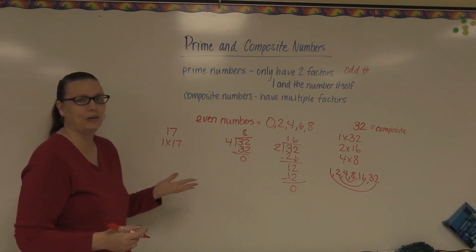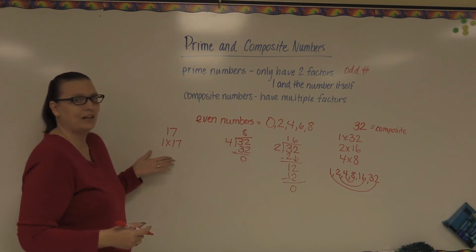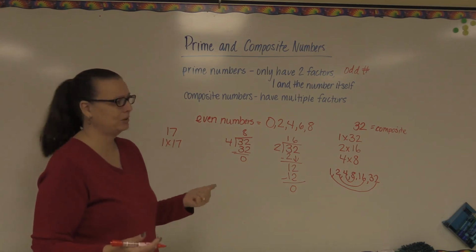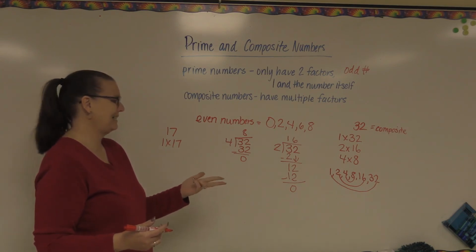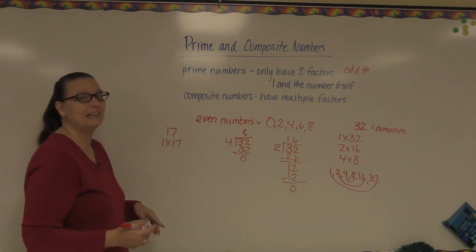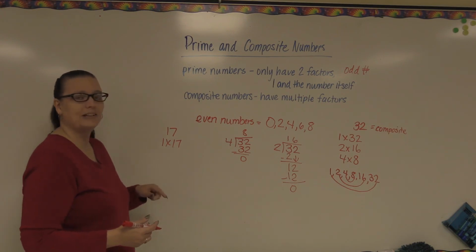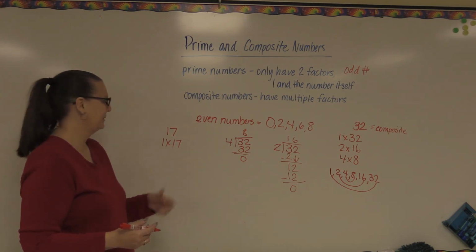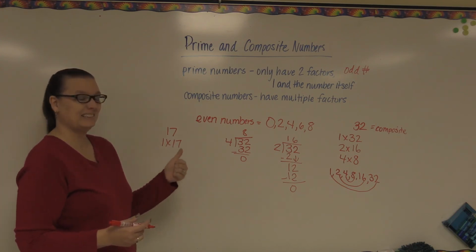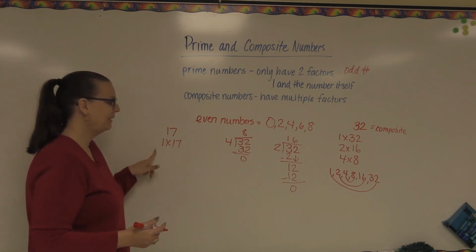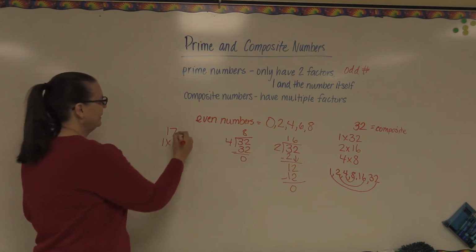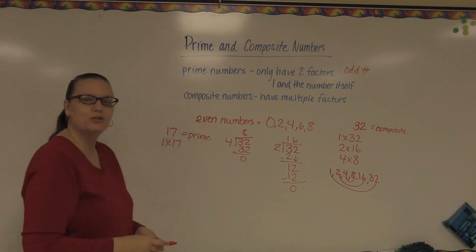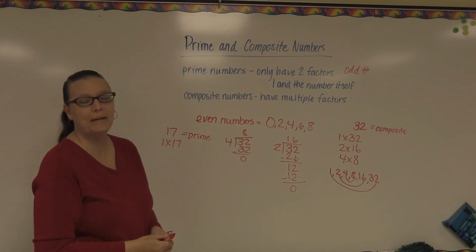It doesn't end in a 0 or a 5, so 5 is not one of the factors. 6, we can count by 6's, find the multiples. 6, 12, 18. Nope, it's not looking good here, folks. Let's try 7's. 7, 14, 21. Nope. 8, 16. Kind of looking like this is a prime number, and it turns out that it is. So these are just some tips and tricks to help you figure out whether a number is prime or composite.